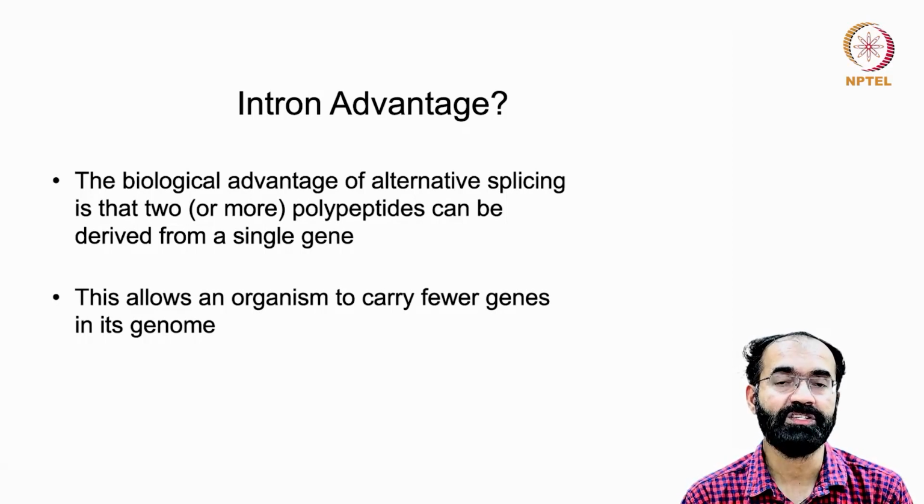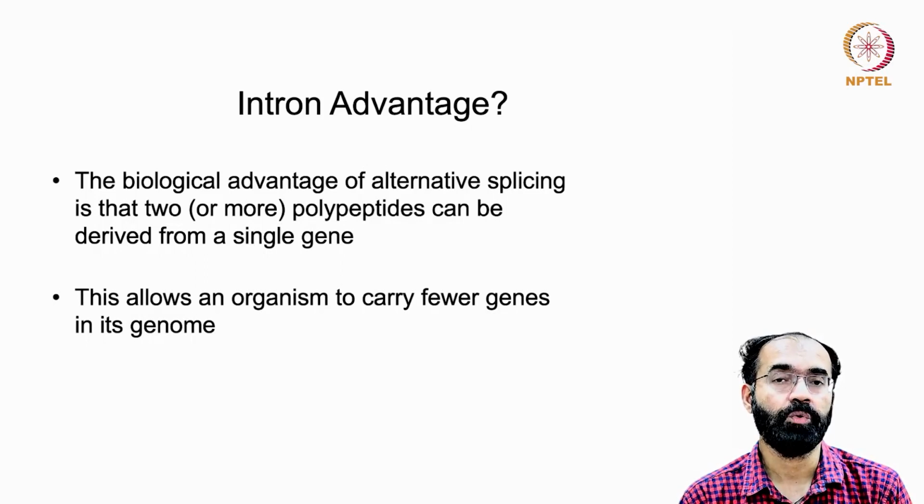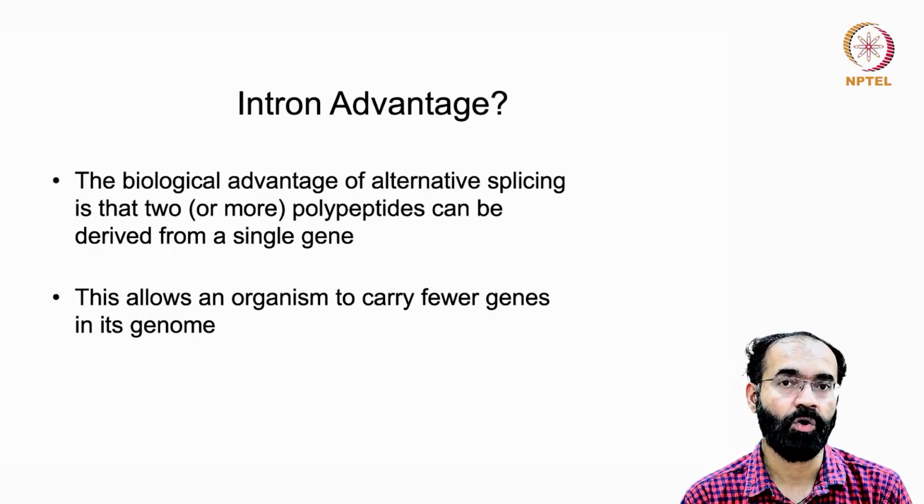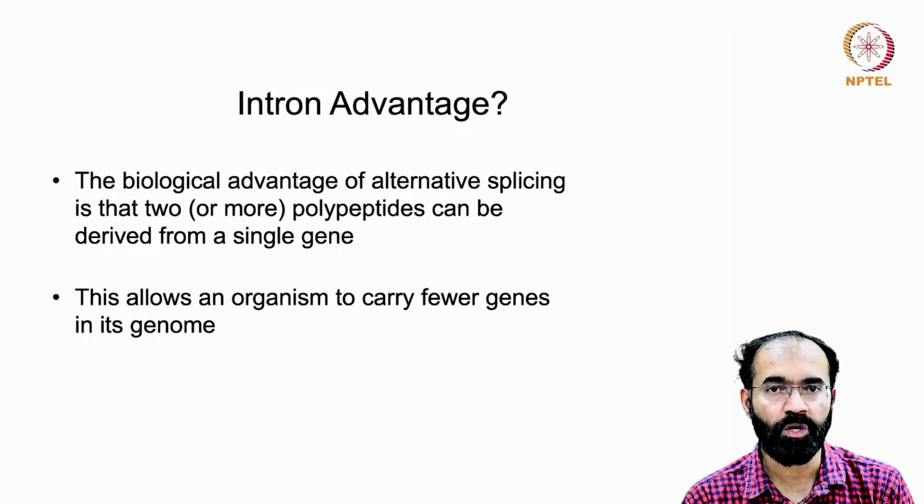Coming back to the example which I told you, with an assumed 23,000 genes you are able to make a complex organism that would require at least 1 lakh genes. Credit goes to alternative splicing, and it is an enigmatic phenomenon.